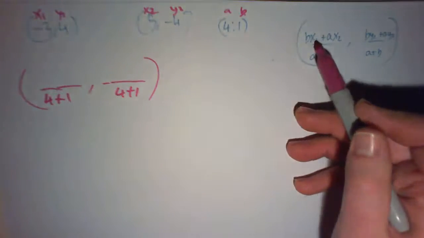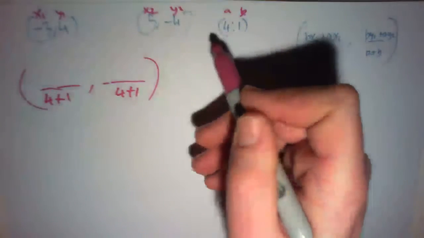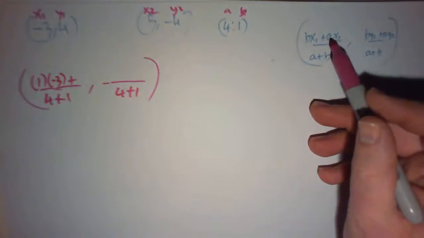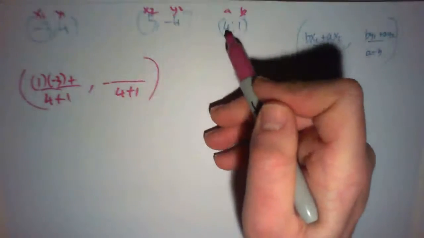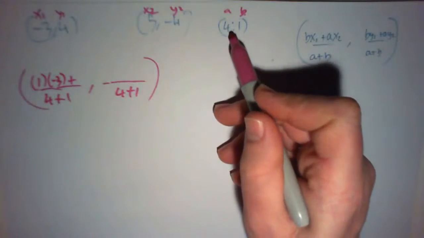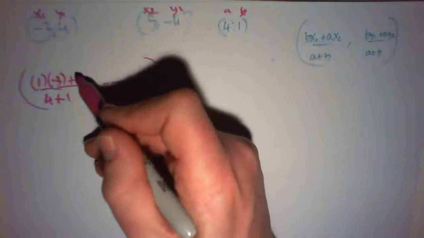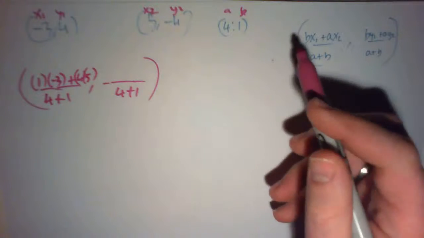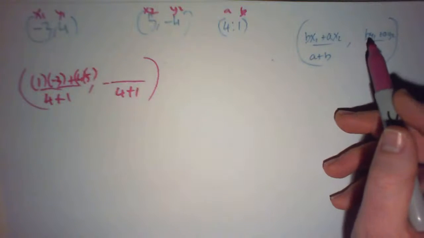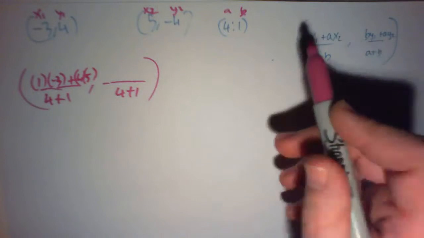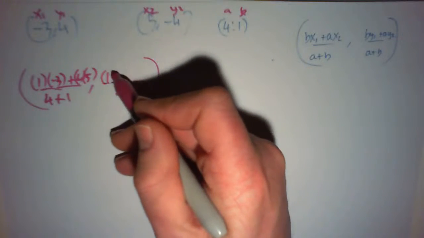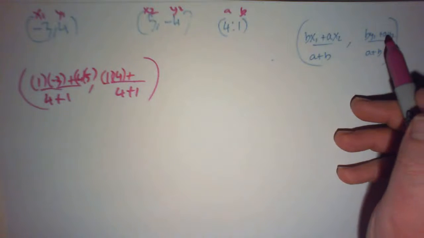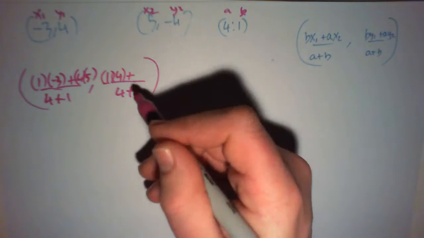We're looking at b times x1. So b is 1, so that's 1 times minus 3 plus a times x2, 4 times 5. And then let's reverse the process. So we've got b, which is 1, times 4, plus a, which is 4, times minus 4.